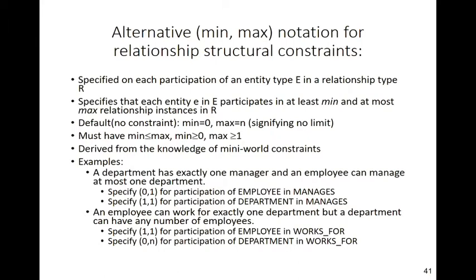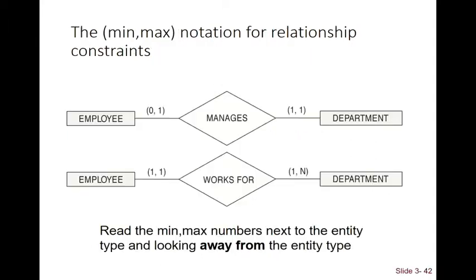Okay. So an alternative is min and max notation. Instead of just having a value, I put indicators on for each one of these, so I have two numbers associated with each cardinality, a minimum and a maximum. They give you some examples of that.